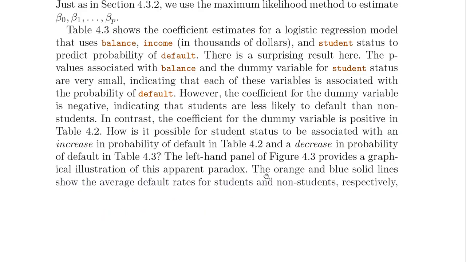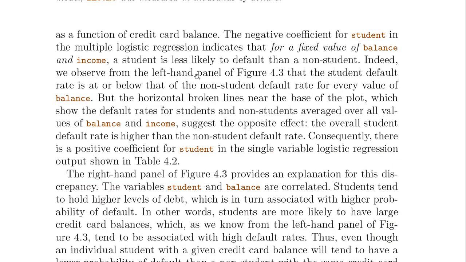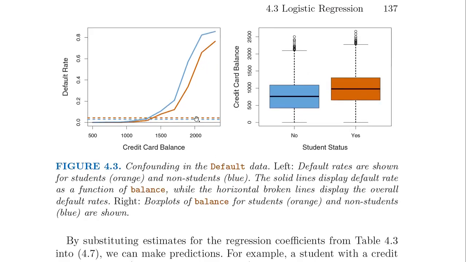Yeah. So let's take a step back and go over this properly. The orange and blue solid lines show the average default rates for students and non-students respectively as a function of credit card balance. Look, the dotted line shows you the overall rate.